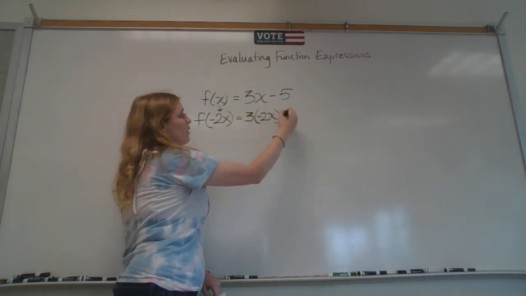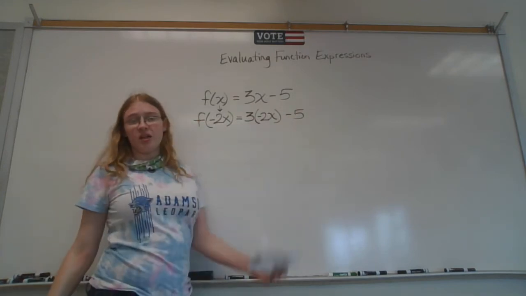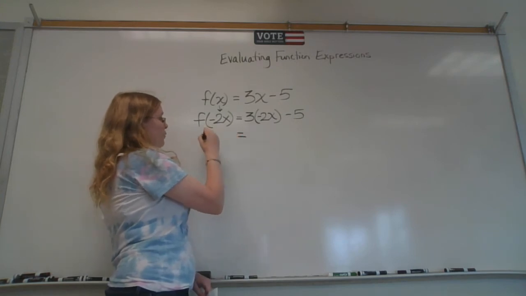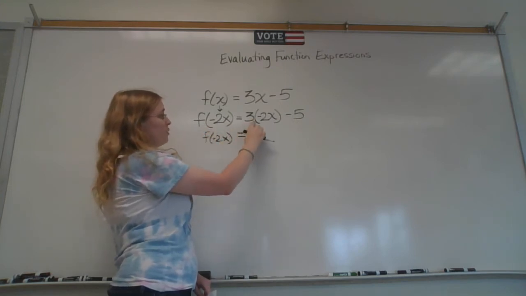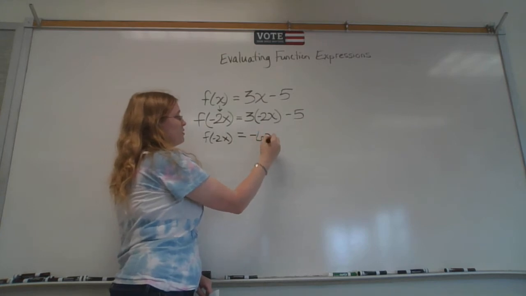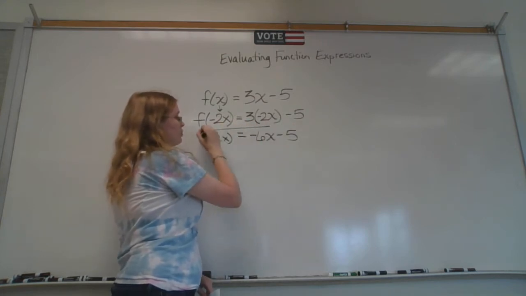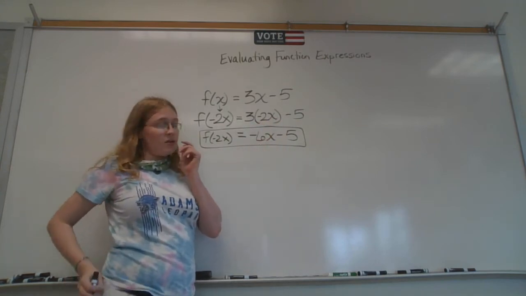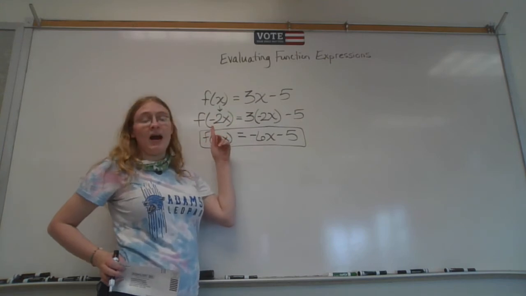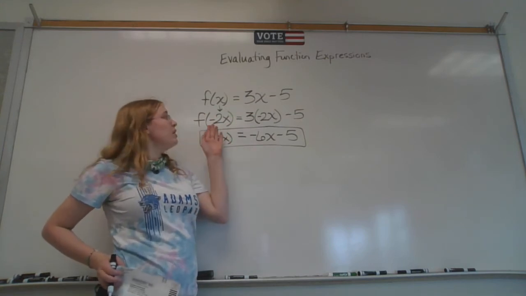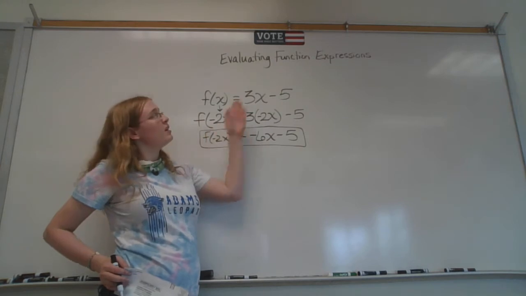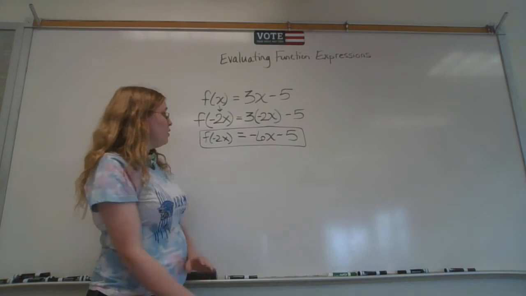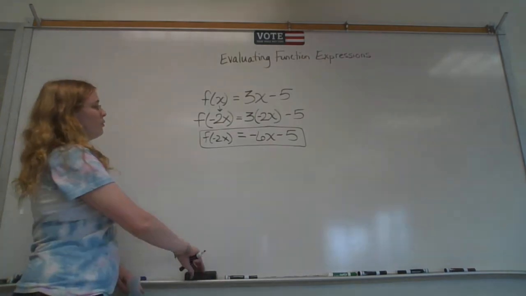So you're not going to find an answer that's just a number, the way we had negative 11 a second ago. It's f of negative 2x, 3 times negative 2x is negative 6x, and this would be your final answer, negative 6x minus 5. So this isn't evaluating the function at an x value to find a number. It's evaluating the function if you plugged in another expression as your x. Okay? So there's a few different ways this can go down.